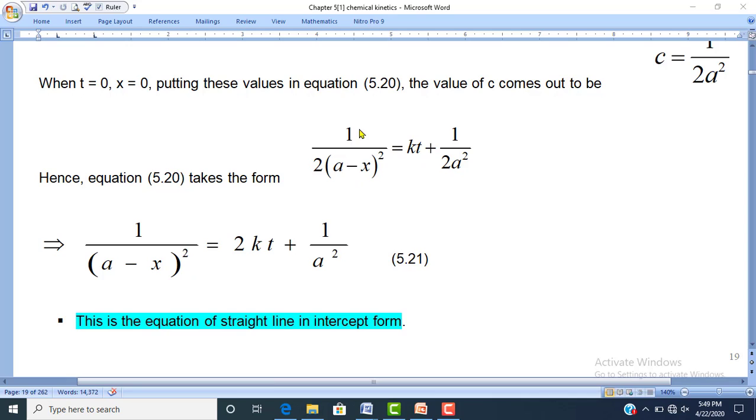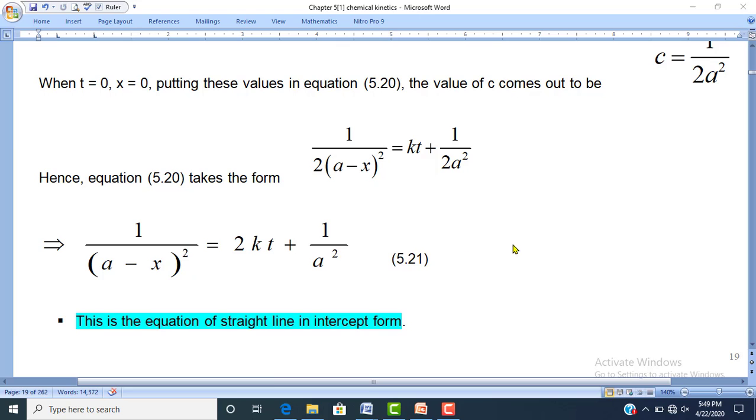So this equation became 1 over (a minus x) square is equal to 2kt plus 1 over a square. This is the equation of a straight line in the intercept form, and this equation is 5.21.